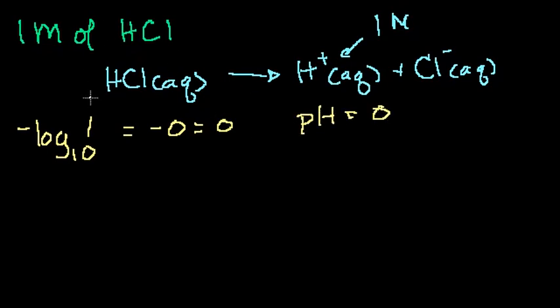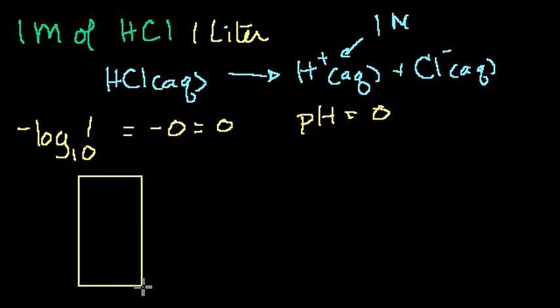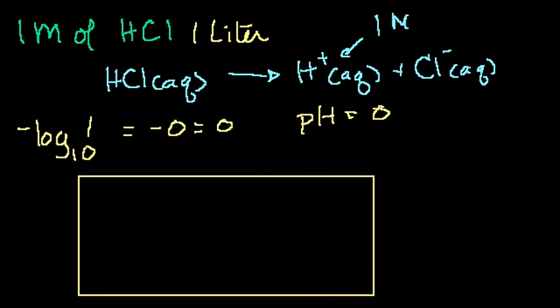And let's say, for use in the later part of this, let's say I have a liter of this. Right? This just tells me how many moles per liter. And now I just told you that I have 1 liter. So you know that you have 1 mole. So let me make a little chart here. I'll make a little box here. And let's make this axis right here.